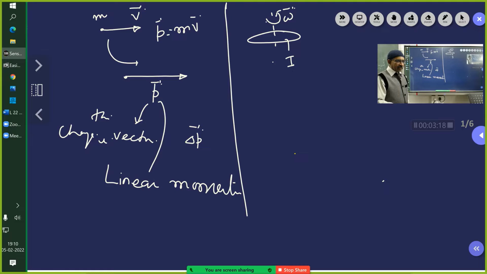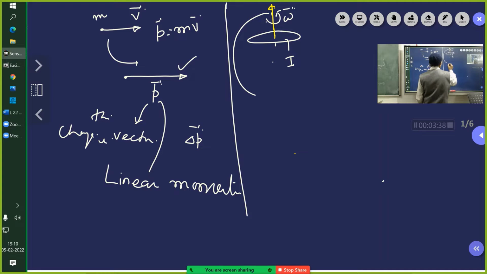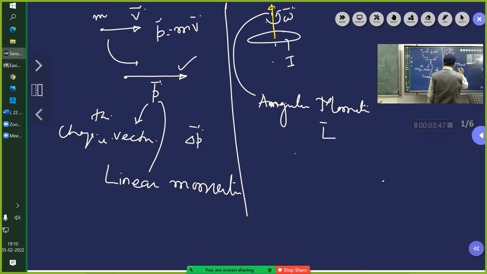Are you creating some vector? Angular momentum. Just like how you created this vector by giving velocity, here you are going to do the same thing. And here you will create this vector. What is this vector? This vector is angular momentum, denoted by L. Exactly same like this.